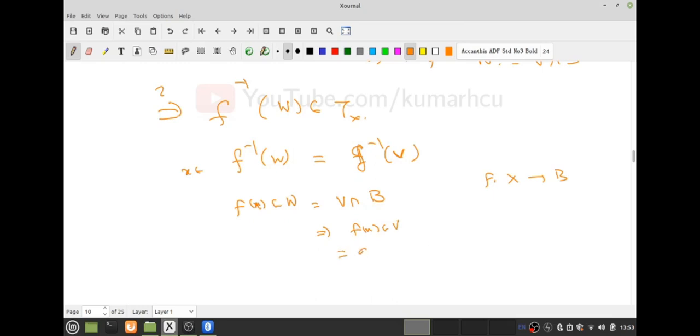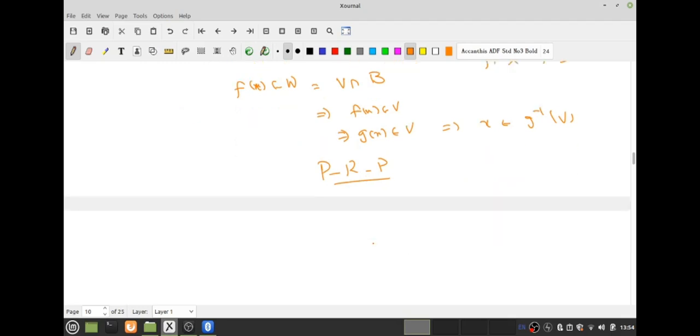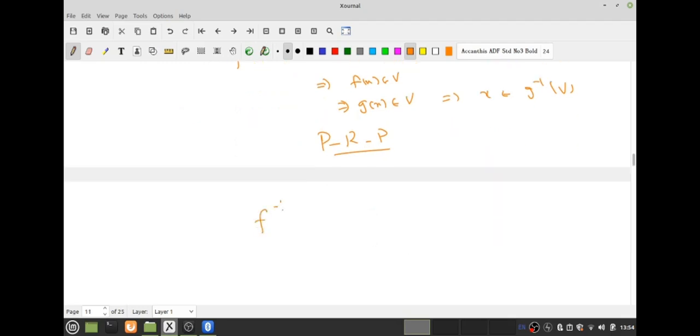But what is f(x)? g(x), that means g(x) belongs to v, that means x belongs to g inverse of v. If you want, pause, review, proceed, or rewind and go through. So what I have shown is f inverse of w is contained in g inverse of v.